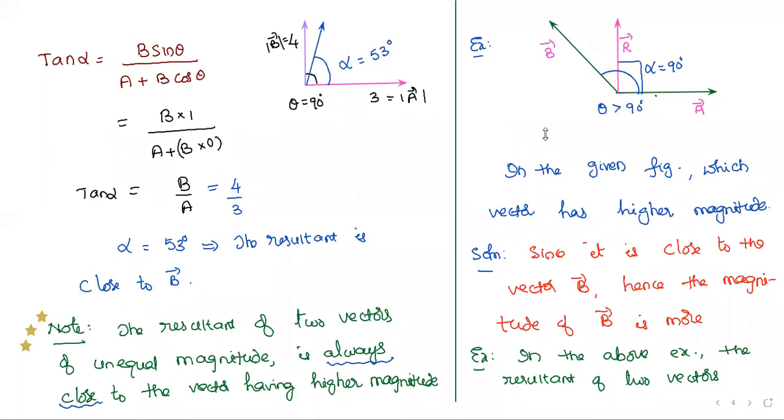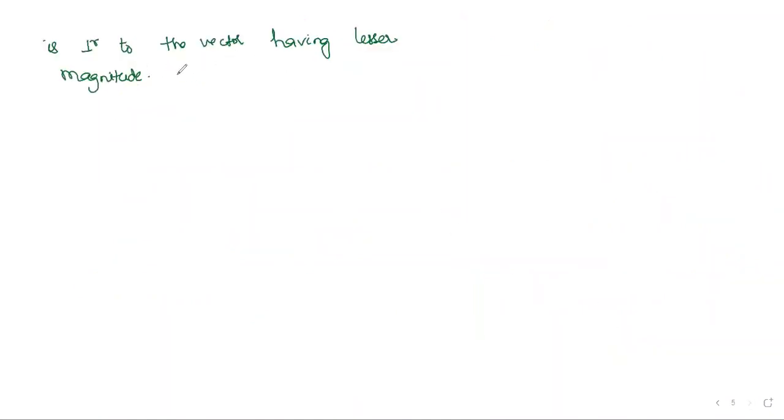Identify, if they ask the question like this, that immediately you have to catch. Oh, he is saying the resultant is perpendicular to one of the vectors. This is possible only when theta is greater than 90 degrees. Yes, indirectly he said the angle is obtuse. That you have to identify.